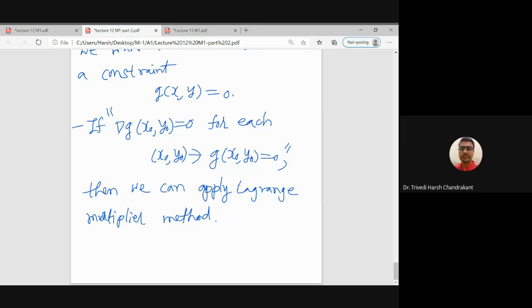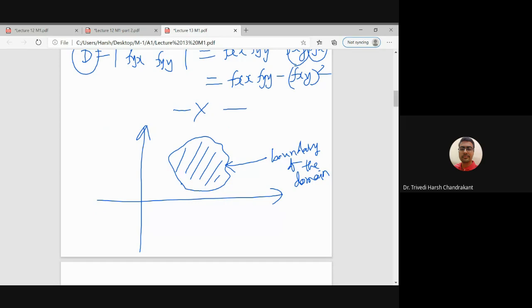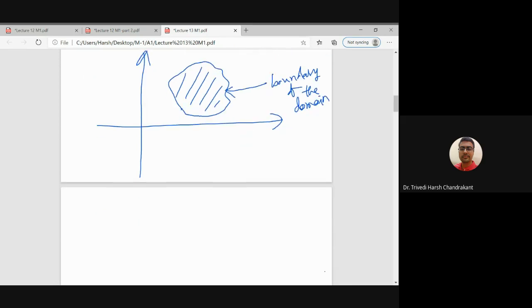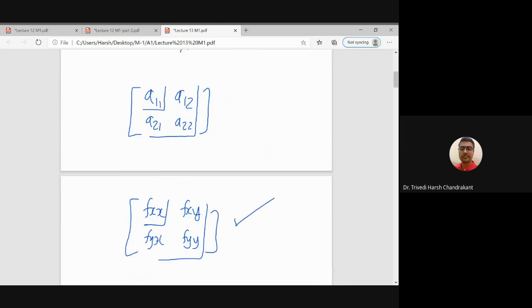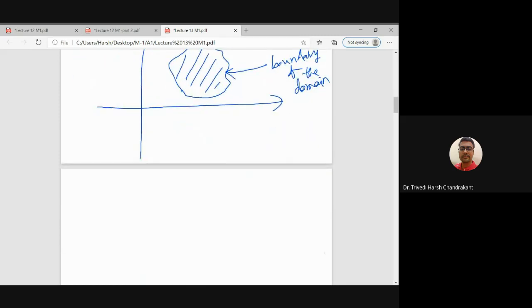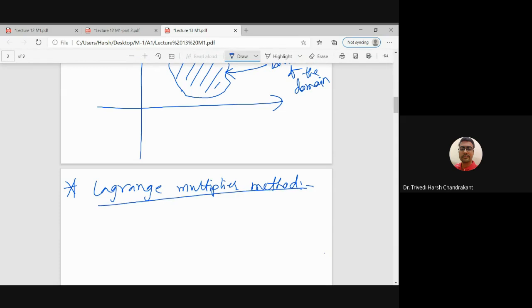And how do we solve it? So let us write down the Lagrange multiplier method once again.